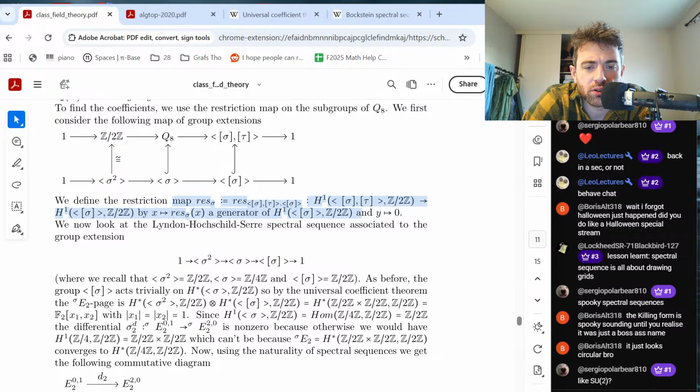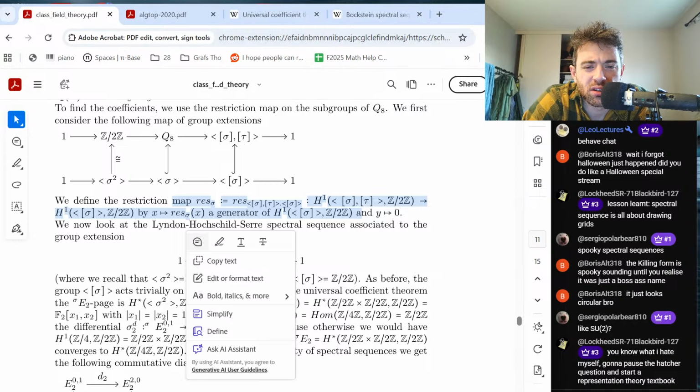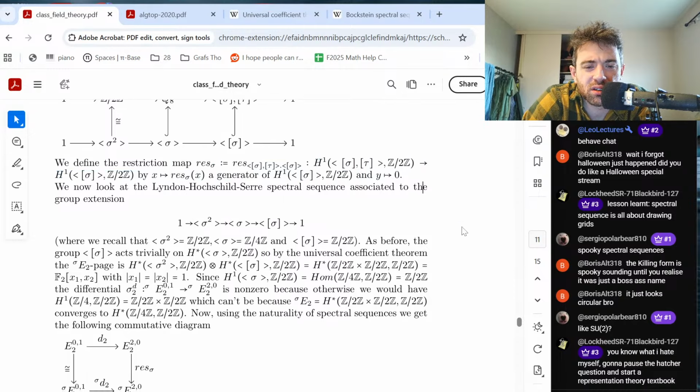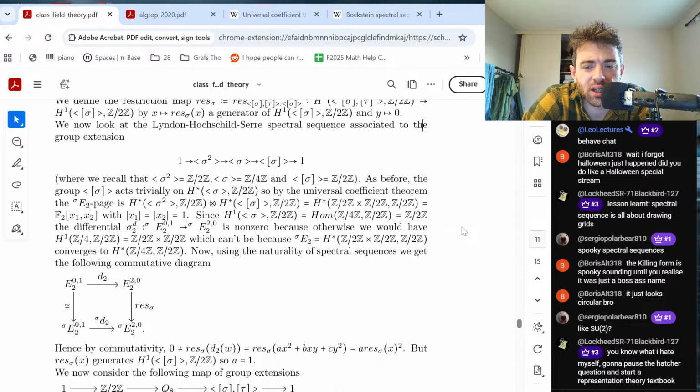A generator of this? What does that mean, though? Huh? Okay, I'm lost in the sauce.